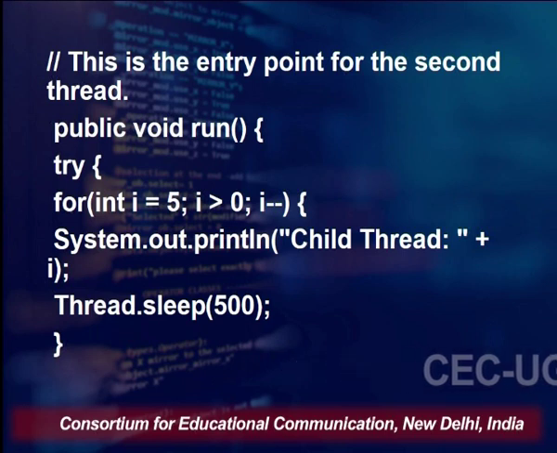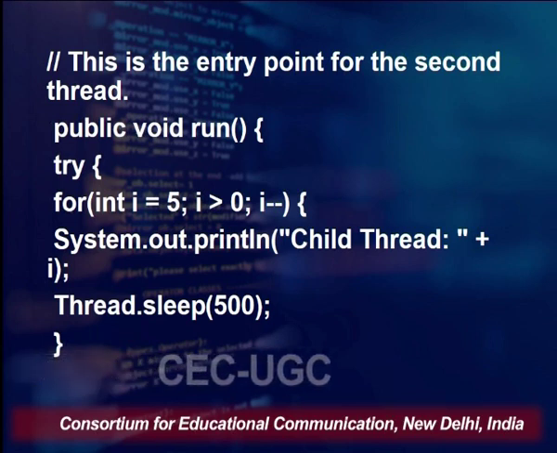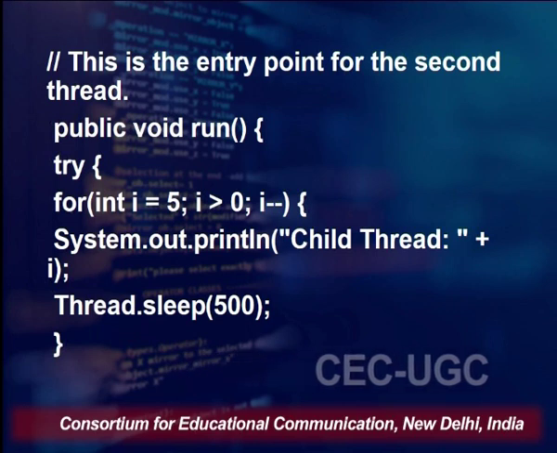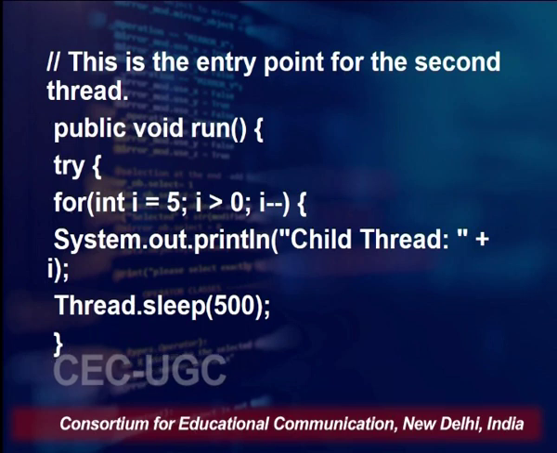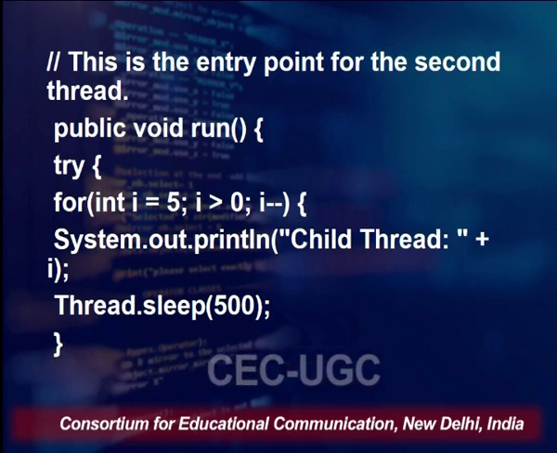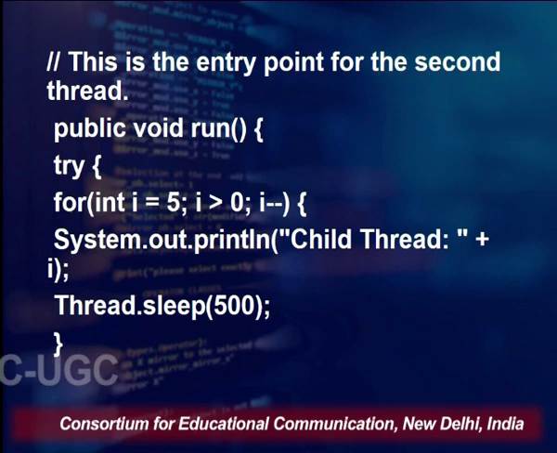So, we have written Thread.sleep(500) within this for loop. This for loop will go 5 times, starting from I equals 5 till I equals 1. It will print the counter value, that is the value of I, and in between while it is printing the value of I, it will make the thread sleep.